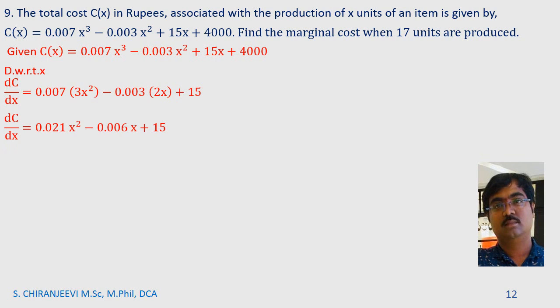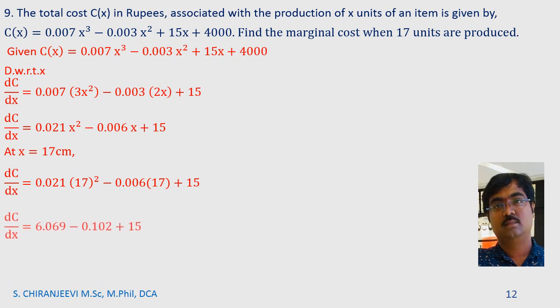dC by dx equal to 0.007 into 3x square will become 0.021 x square, minus 0.003 into 2x will become 0.006x, plus 15. At x equal to 17, dC by dx equal to 0.021 into 17 square minus 0.006 into 17 plus 15.